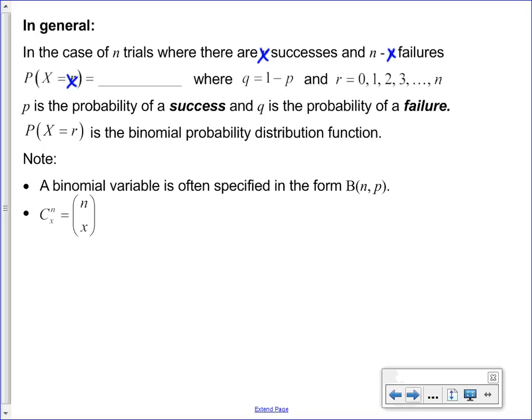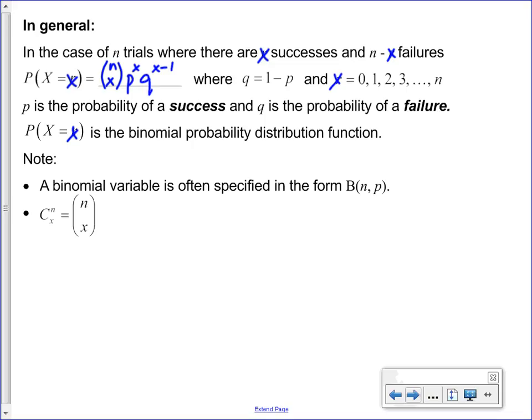I don't know why I changed the variable from X to R. So P of X is just going to be the combination of n choose x. Do you know that notation? Right? N choose x. Very good. Times P to the x, and then q to the n minus x. And again, I don't know why I just changed the r's to x's. Anywhere you have a baby r, just change that to an x.